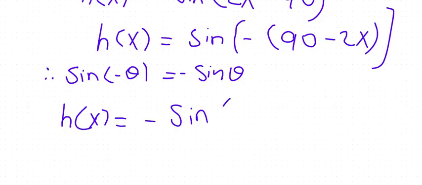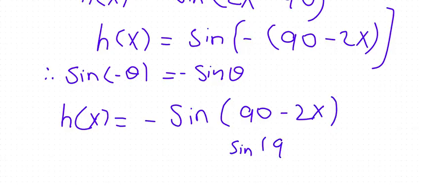Sine 90 minus theta equals to cos theta. Okay, we use this formula over here and get the equation of h of x.